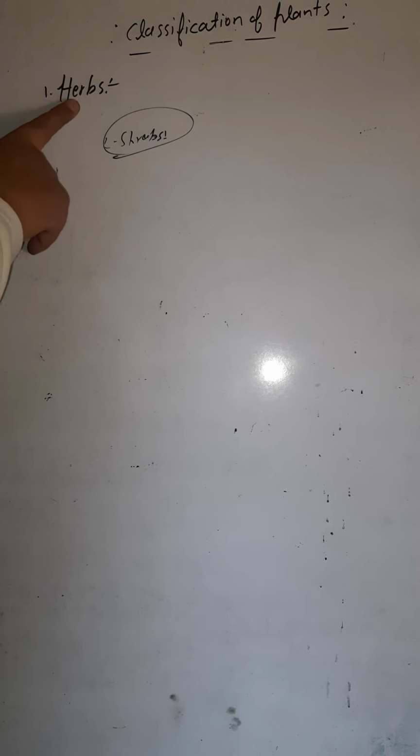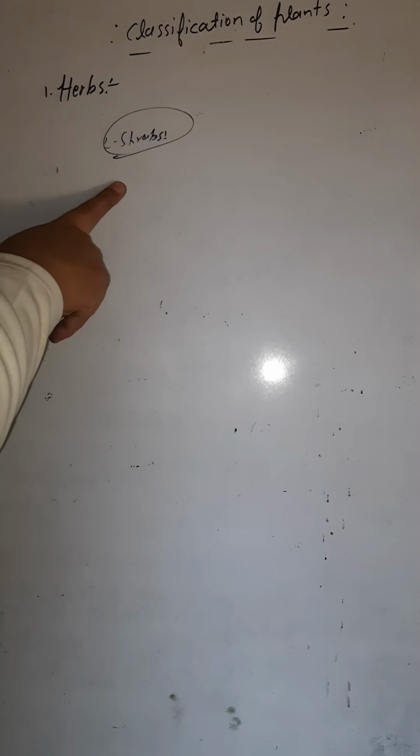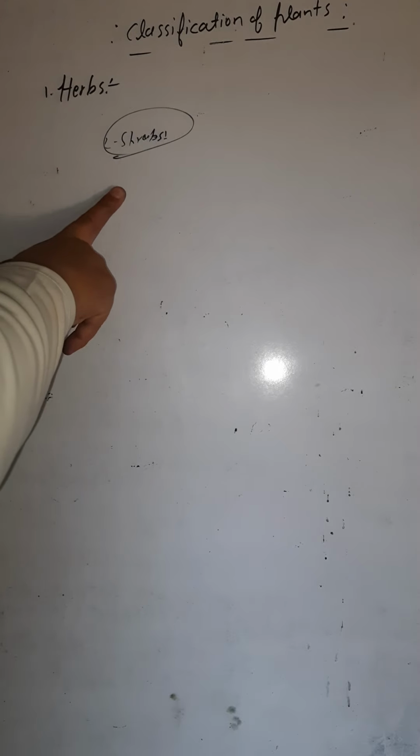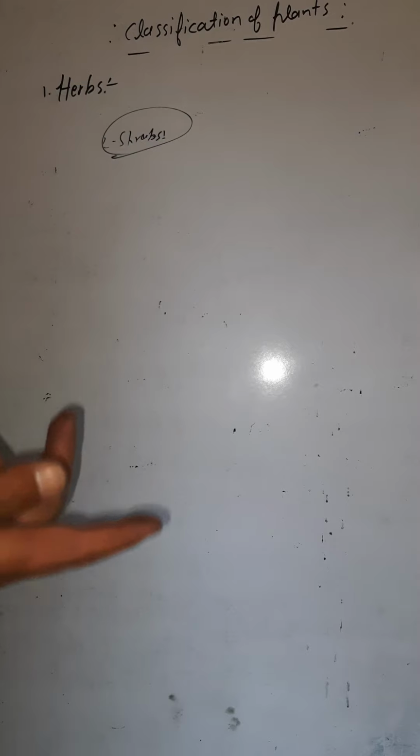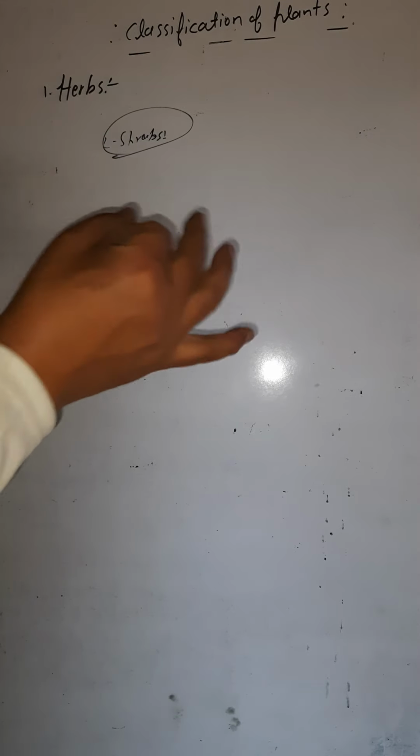In the previous case, the stem was very tender and you could bend it, but here the stem is somewhat hard. The stem is hard but not thick. It is a very thin stem but hard. An example is the rose plant, where the stem is somewhat hard but thin. So you would call it a shrub.